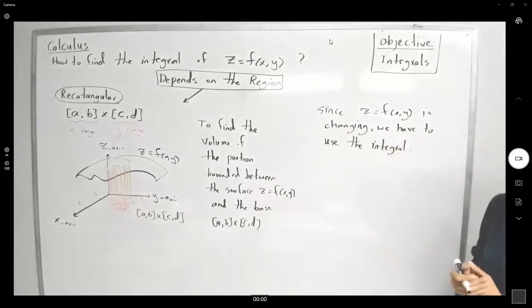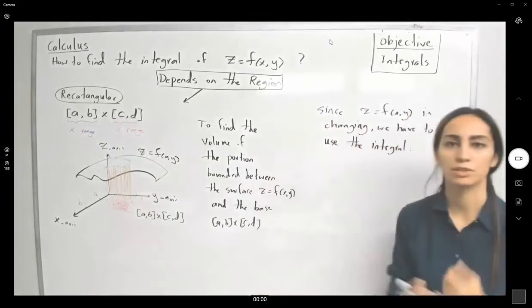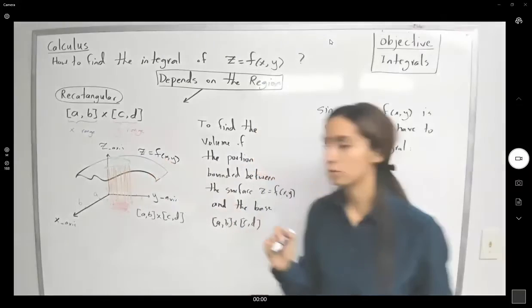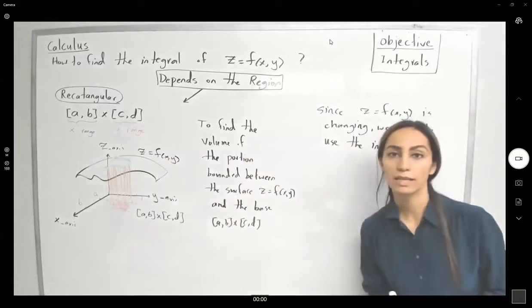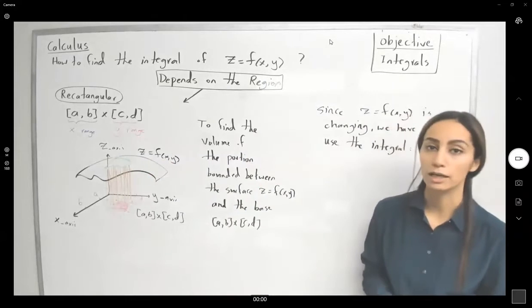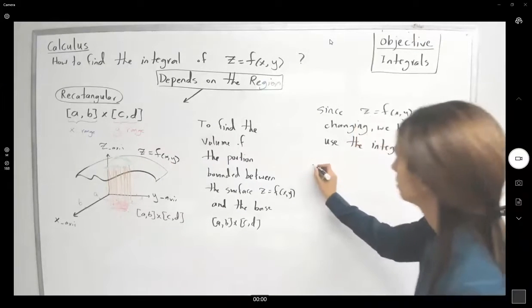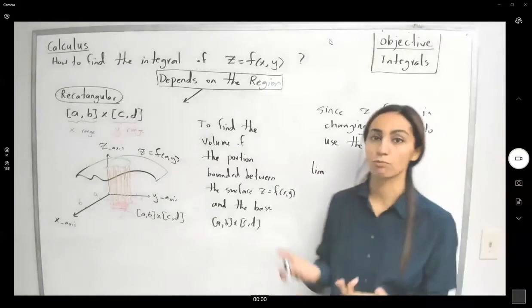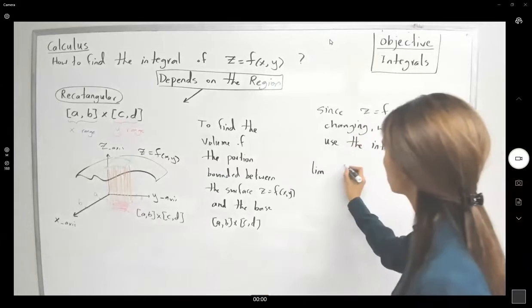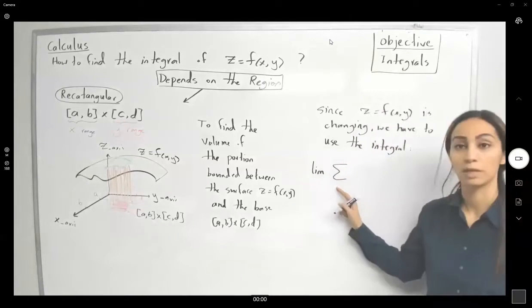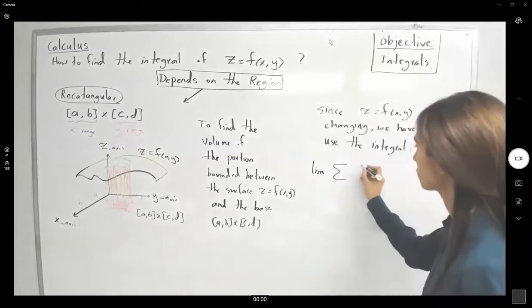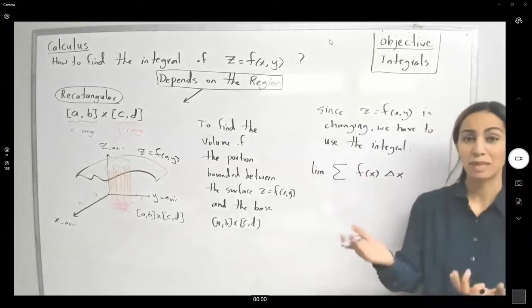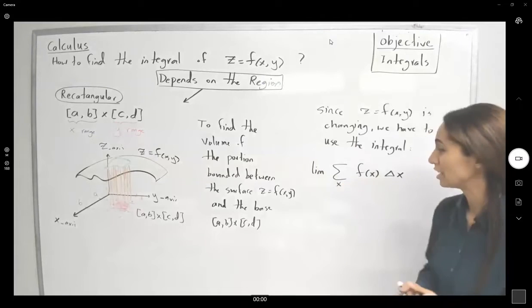So very well, we're going to take a double integral. Why is that? Because we have two variables, a variable related to x and a variable related to y. So this is the limit. If you want to use just one variable, it's going to be the limit of the Riemann sum of f of x delta x, and your x is changing.